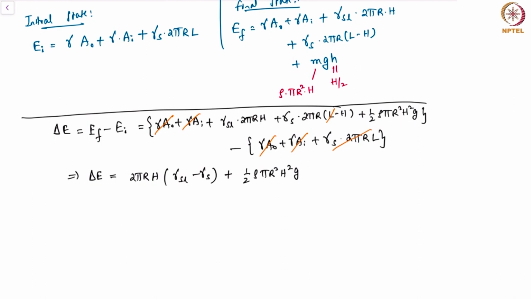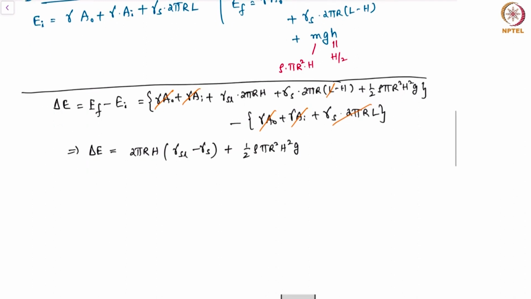Now I can take a look at this relationship here. This term is involving change in surface energy and this quantity is change in gravitational potential energy.